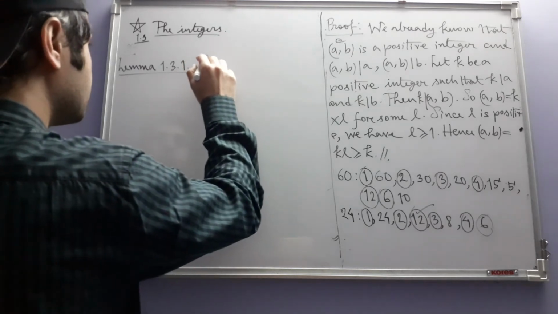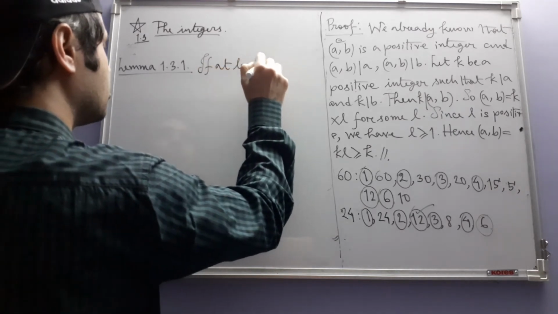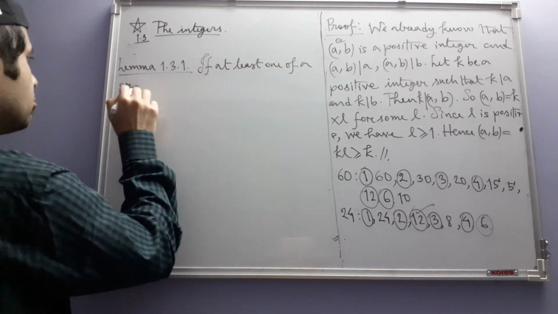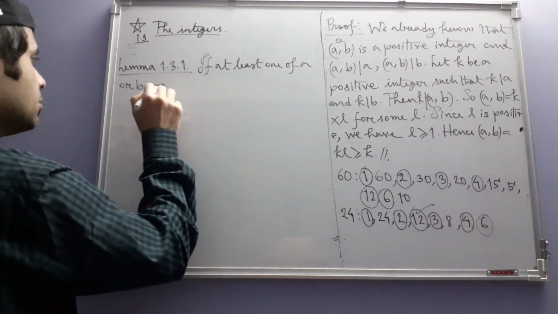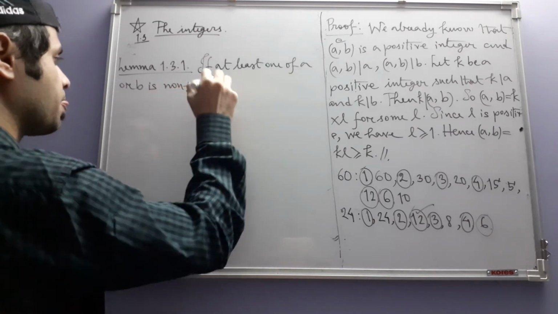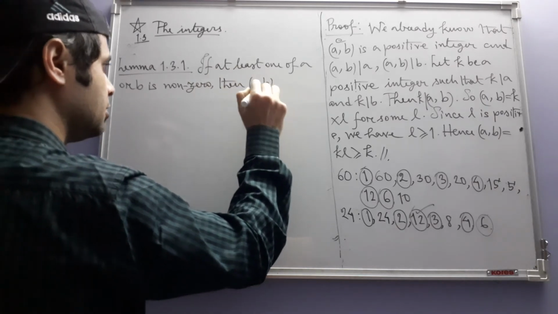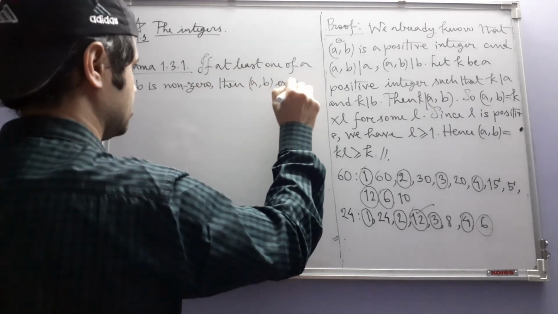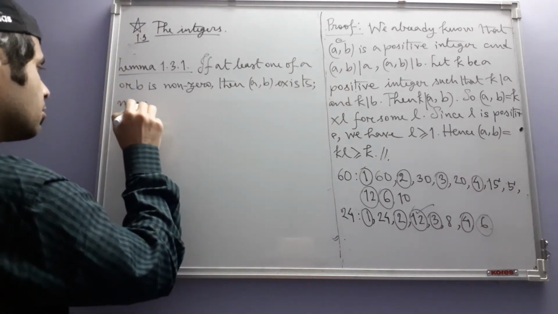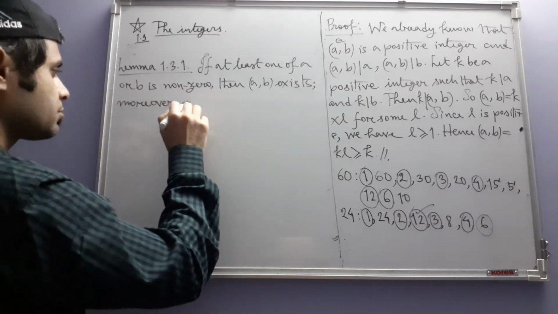So if at least one of A or B is non-zero, then the GCD of A and B exists. Moreover, this result says more.